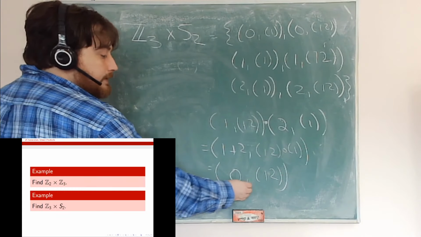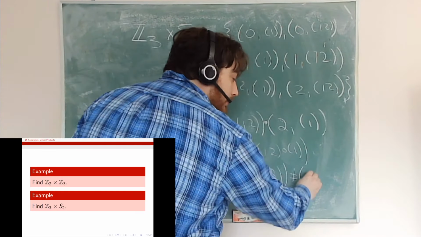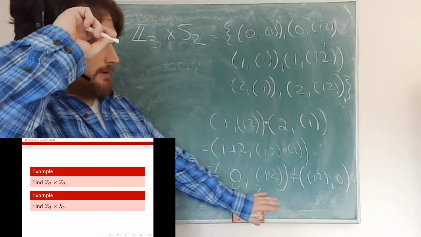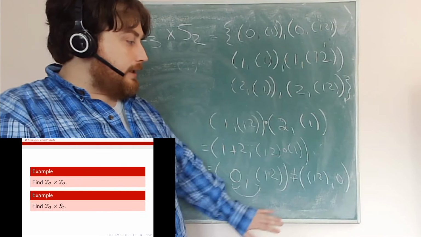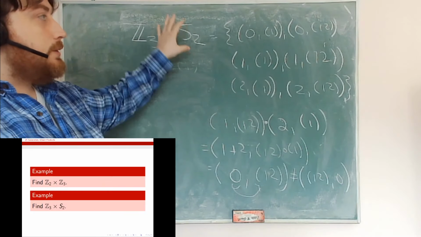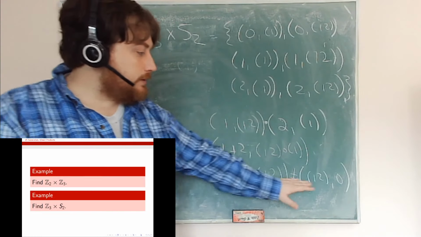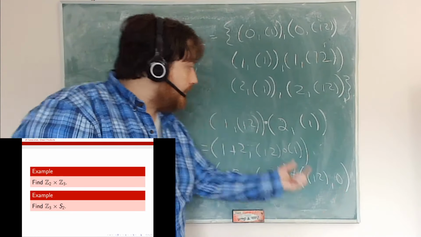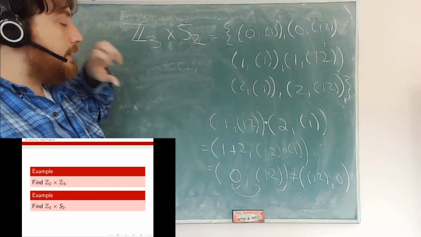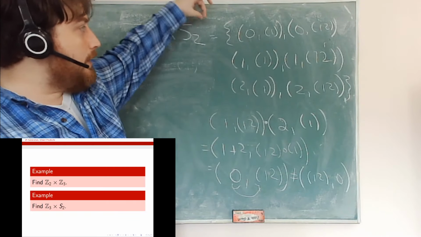So what I have to have is I can't switch the order here. So this would not be equal to, say, this, because that's a distinct element. Because remember, for Cartesian products, the order matters. So when we're taking direct products, the order matters because it's an ordered pair. So these two would not be the same. In fact, this element would not be in here because this is saying a permutation is a part of Z3, which is not actually correct. So we do have to be careful when we're doing this.